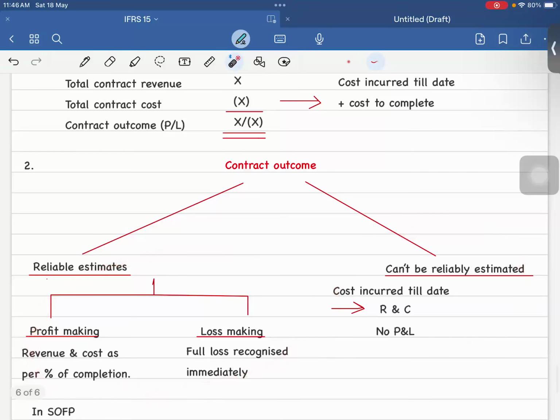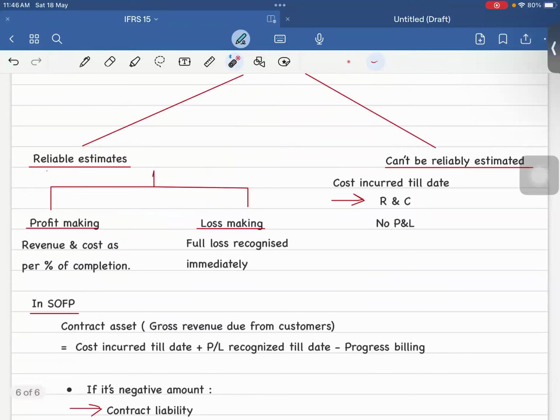So for the contracts where you can find a reliable estimate, you're going to divide the contracts into two categories. The first category is profit making, and the second category is loss making. If it is a profit making contract, you're going to find the revenue and the cost according to the stage of completion.